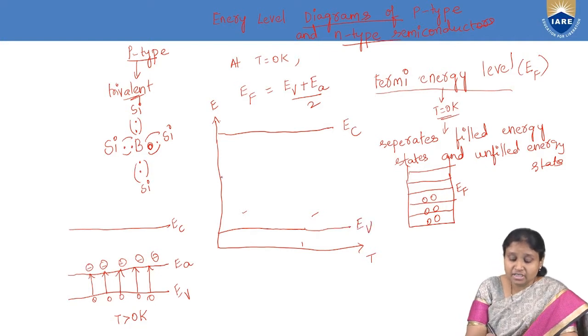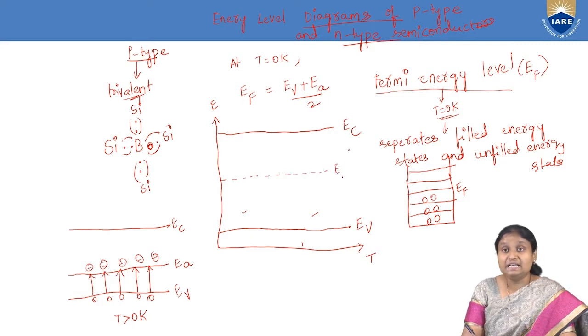Apart from that, I'm taking one more energy level, called EI, the intrinsic energy level, which is exactly in the middle of the bottommost energy level of the conduction band and the topmost energy level of the valence band.